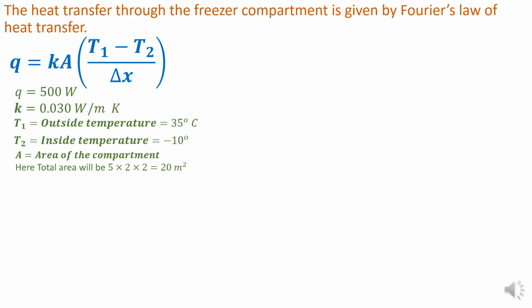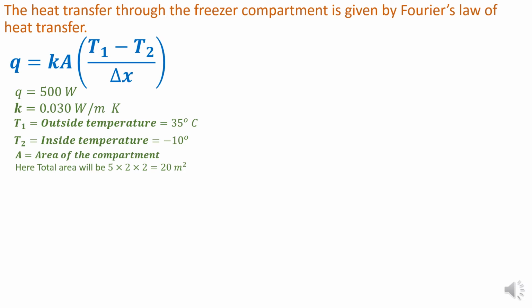A is the area of the compartment. Since 5 sides are taking part in heat transfer, each side has a dimension of 2 by 2 meter. So the overall area which is perpendicular to the heat transfer will be 5 into 2 into 2, which comes out to be 20 meter square.